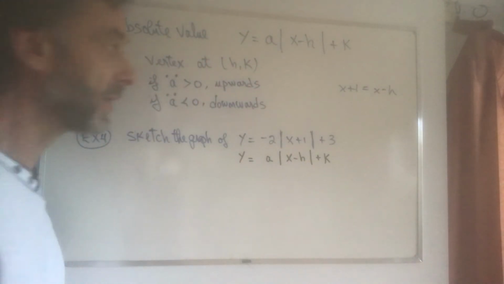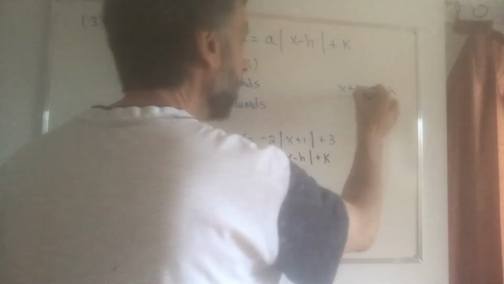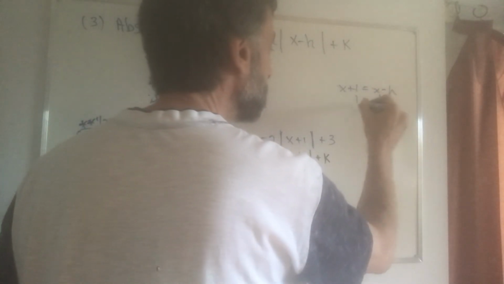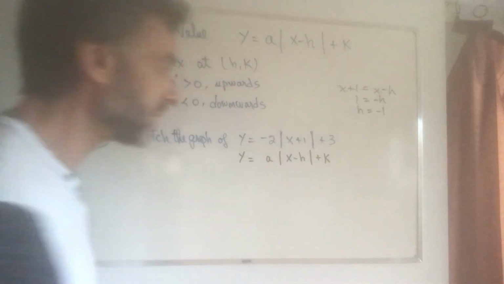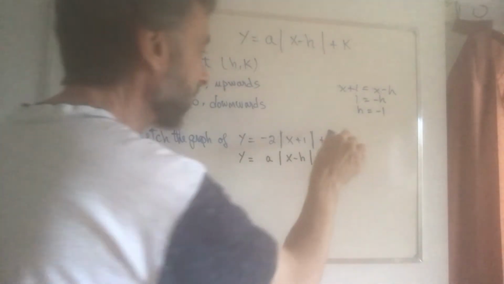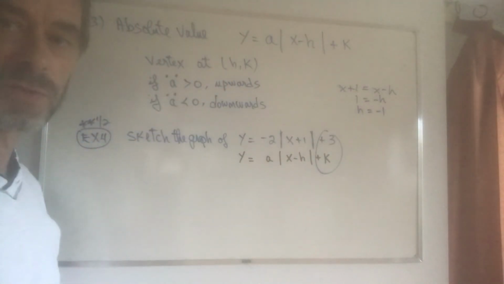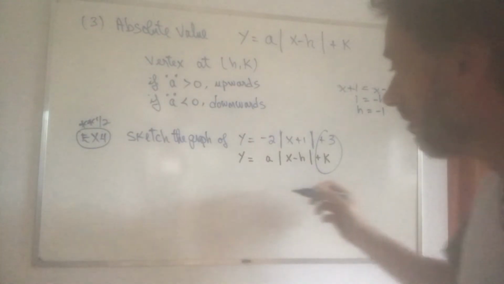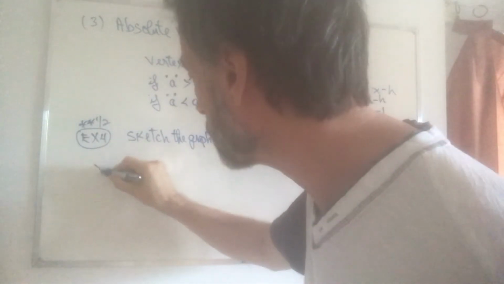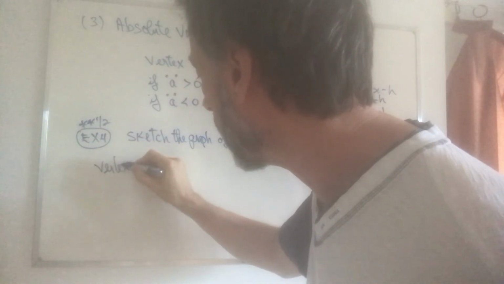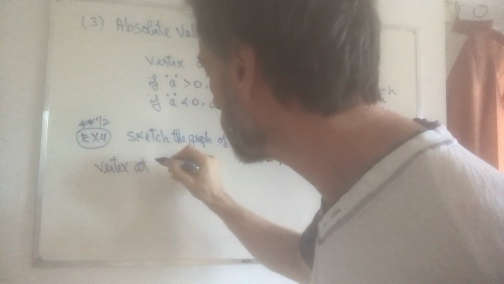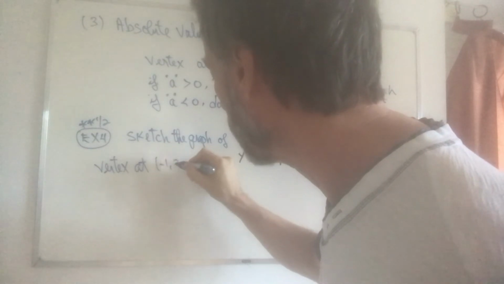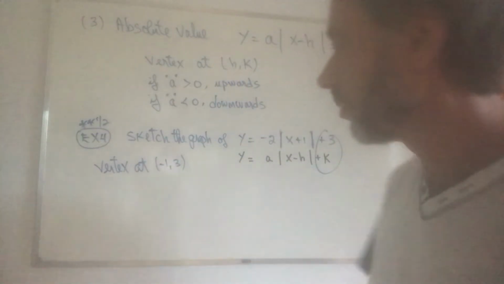If you put them equal like this, the x's will go. You'll end up with 1 is equal to minus h, which is the same as h is equal to minus 1. As for the k, it's just right there. So minus 1, 3 is the vertex. So vertex at minus 1 and 3.